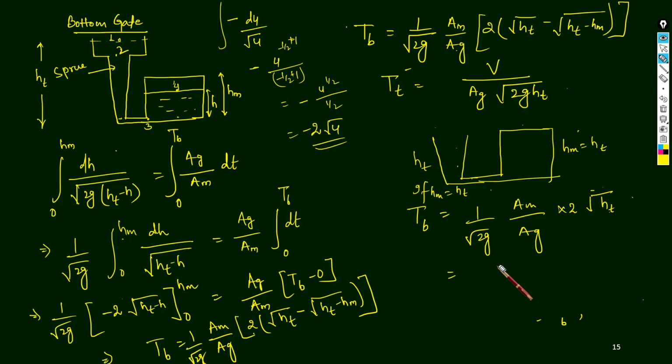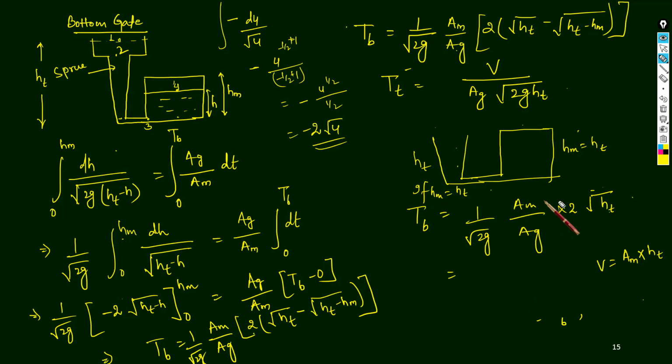We want volume here, isn't it? What is the volume expression? V is equal to area of mold into height of mold. What is the height of mold? That is ht. So we want ht on the top, but here we have root ht. So what I'm going to do is multiply and divide by root ht.